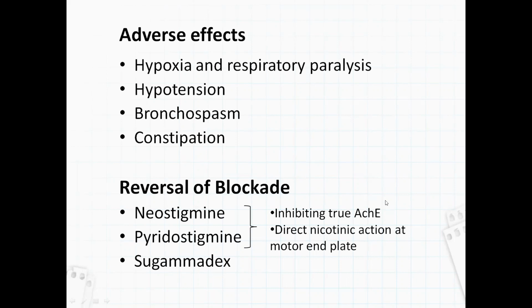So when there is more acetylcholine, it can go and attach to the neuromuscular nicotinic receptor, and direct nicotinic action at the motor end plate can also happen. And this third drug, Sugammadex, is a new drug which still needs to be approved. It acts specifically on the steroidal derivatives of the non-depolarizing blockers.